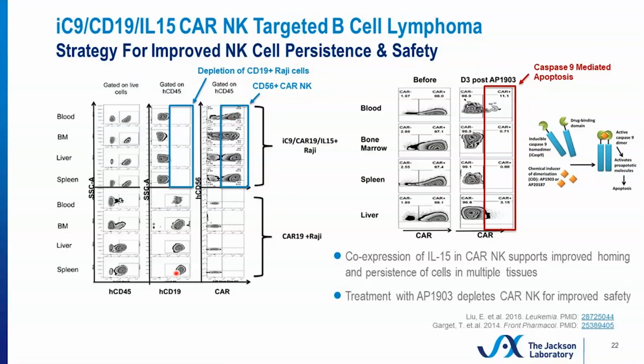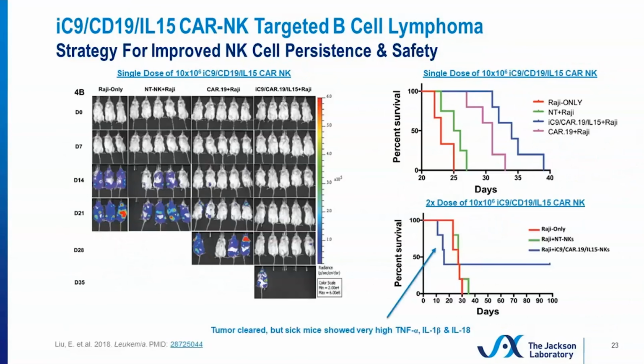And then in those mice that had persistent development of those NK cells, if you treated those mice with a small molecule that leads to dimerization of these caspase 9 molecules, you induce this apoptotic pathway. You could actually clear these CARs out. So it's a very interesting set of technologies and able to introduce these cells.